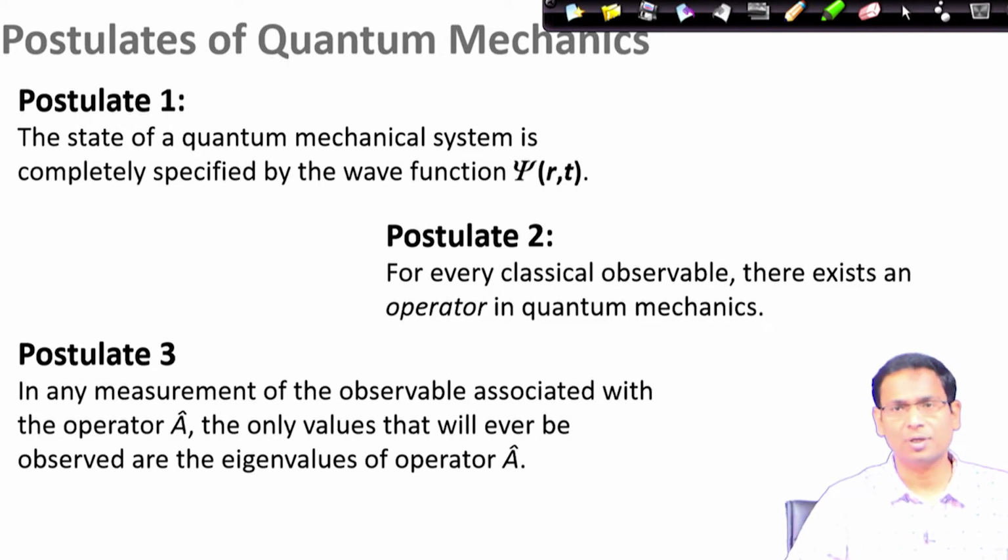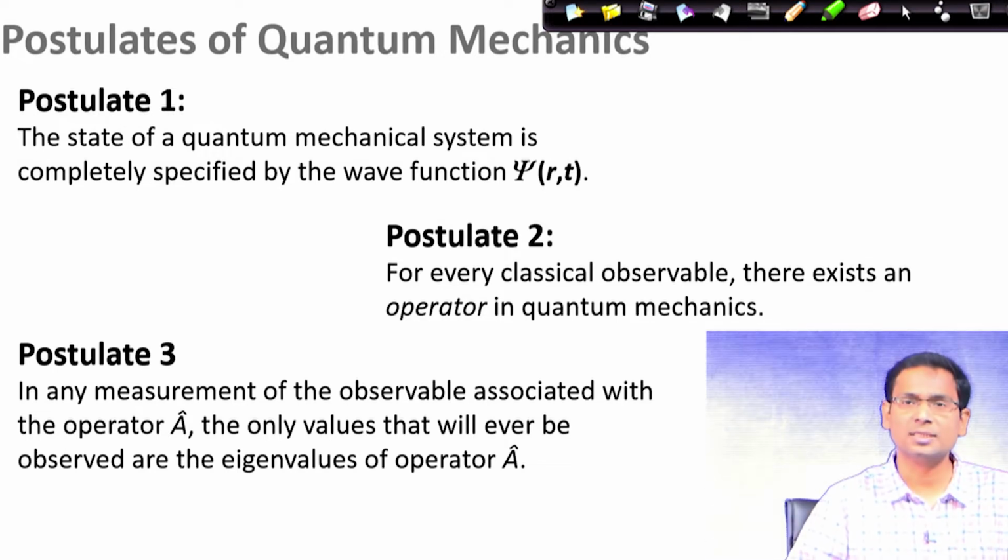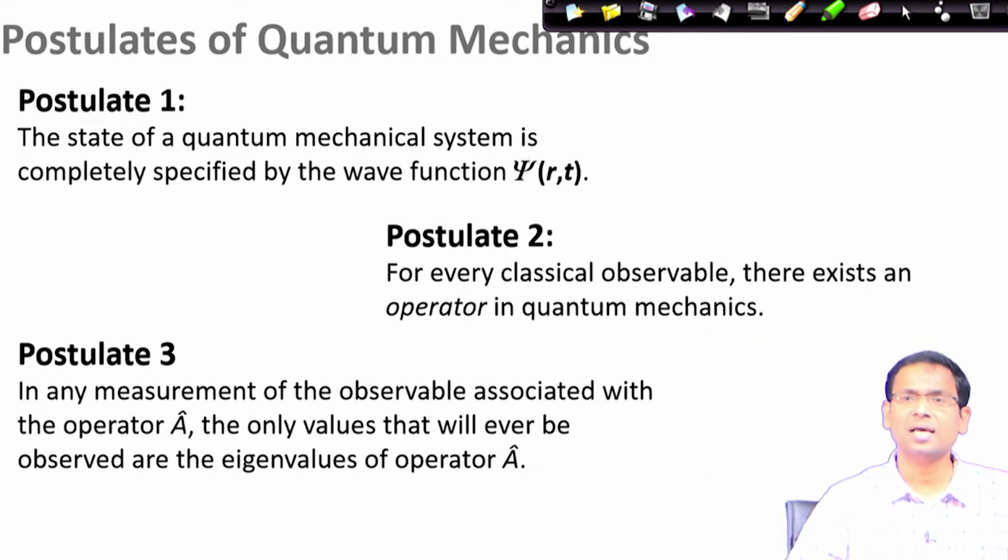The question now that we can ask is: if the system is an eigenfunction of the operator, then it is all right. When we make a measurement, we get the eigenvalue as the result. But what if the state of the system is not an eigenfunction of the operator A?